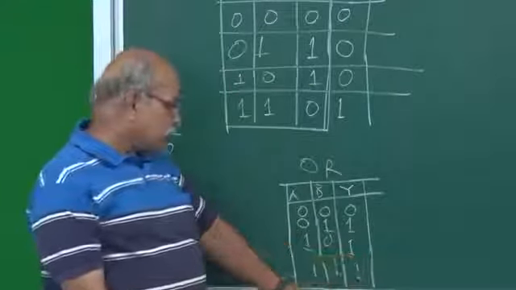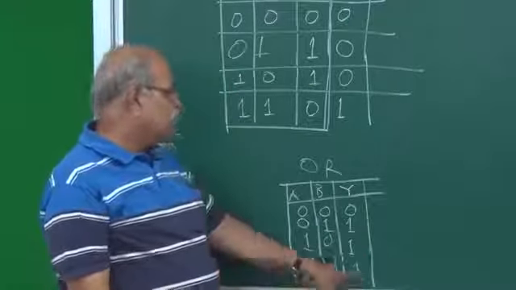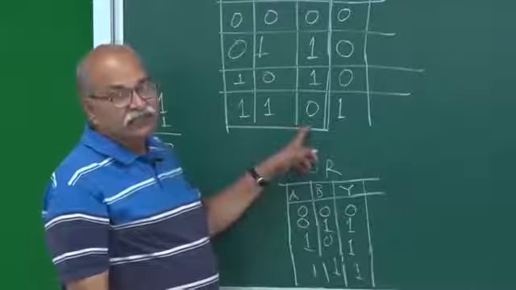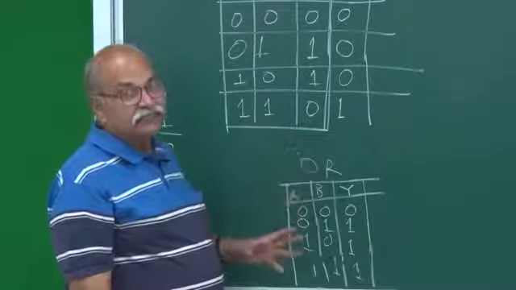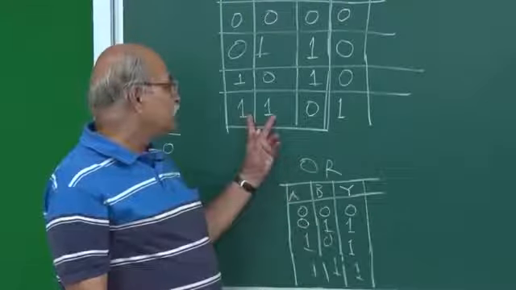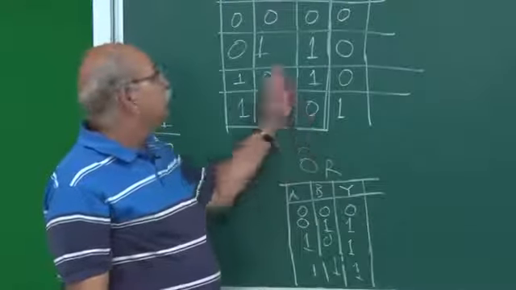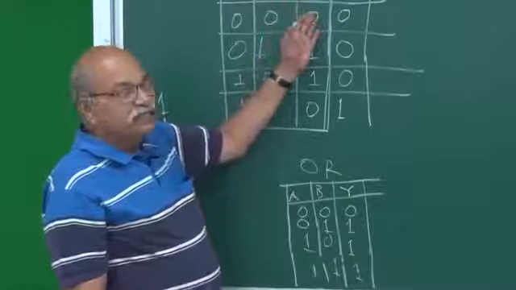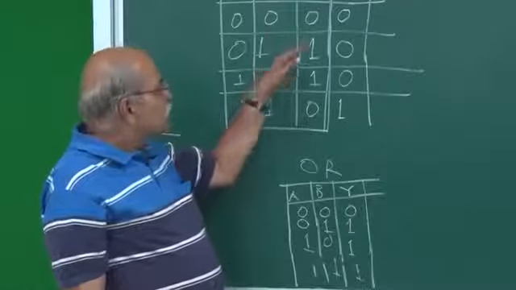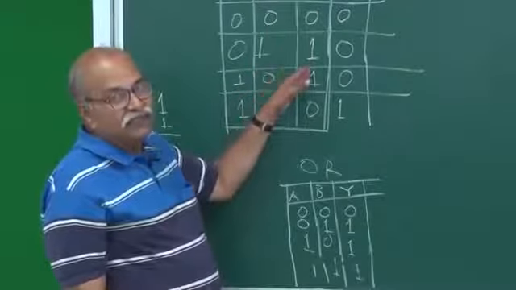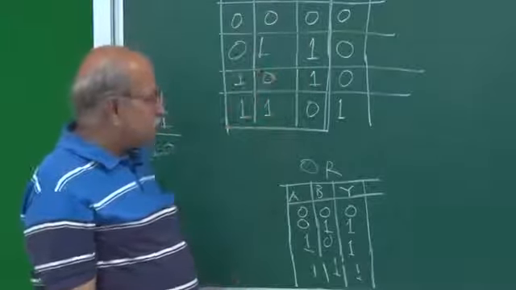But then the last line, 1 1 is 1 here, while in our table 1 1 is 0, that is a difference. So, if both of them are 1, then it becomes 0. If both of them are 0, then anyway it is 0. If one is 0 and one is 1, then you have the output as 1. Now, this also has a special name.